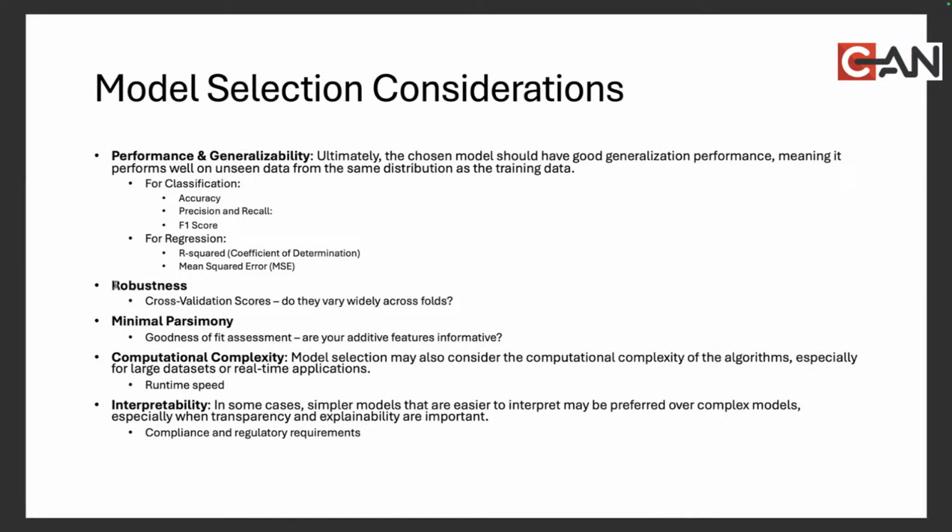Another thing that may or may not change your decision, but is worth looking at, is the robustness of your model. You can look at this through cross-validation. If you have a large enough data set and can make a cross-validation that's not picking too small samples, and your performance varies widely across your folds, say 0.9 on one fold and then 0.6 on another, you should ask yourself if that's really generalizing.